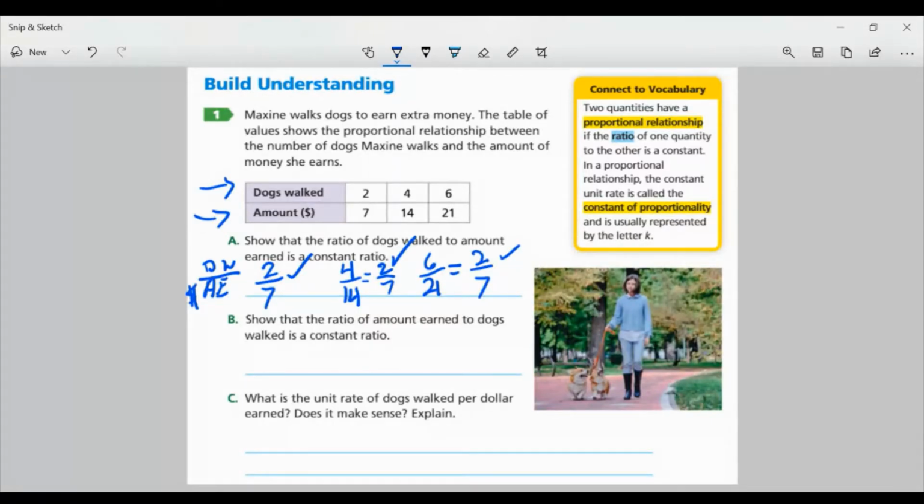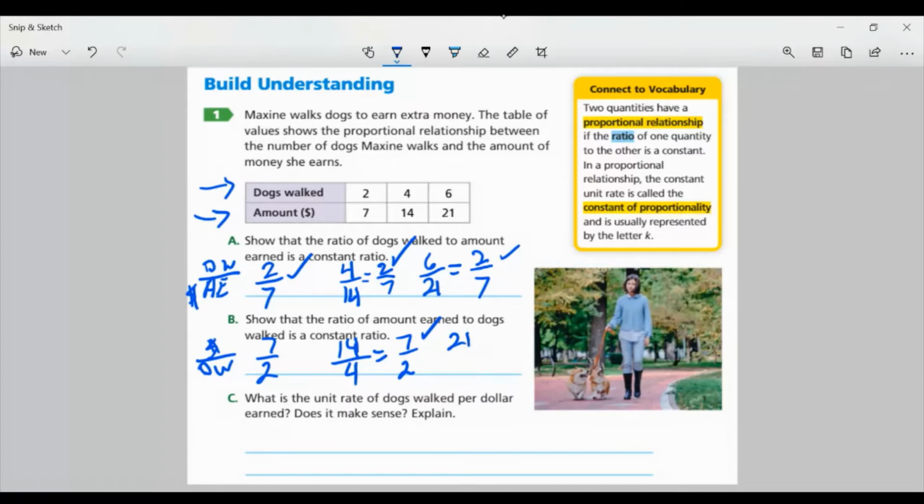For part B, it says show the ratio of amount earned to dogs walked is a constant ratio. So now it's basically the reciprocal, right? I have my money, the amount earned, over dogs walked, which would be 7/2. So if I flip these, 14/4, again, I'm using the same numbers. 2 goes into both of these, and it would be 7/2, right?